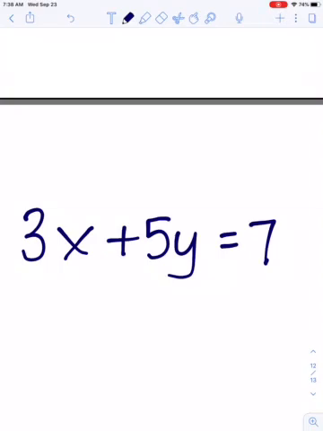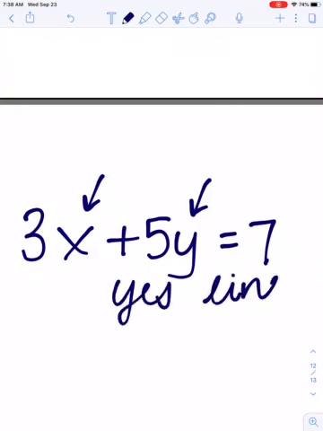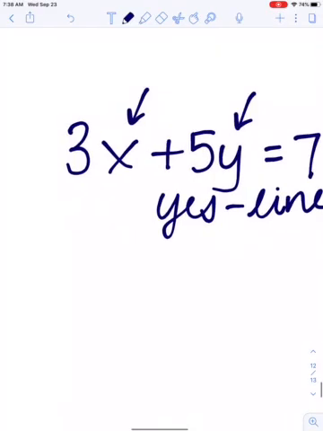Are x and y on the bottom of any fraction? Or are x and y being multiplied together? The answer for this is no, no, no, which means it is a line. It has both an x and a y, which means it is a normal, slanted line, okay? So normal lines are all functions. So this one would be a yes, because it's a line, okay?